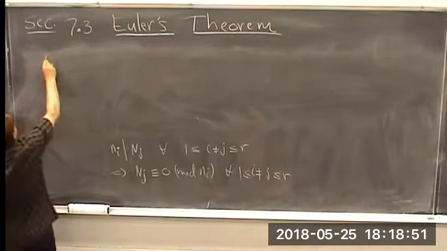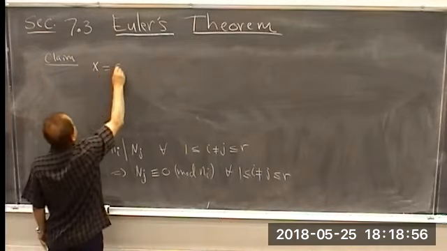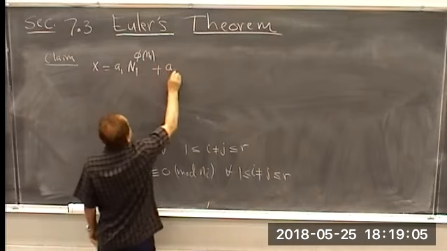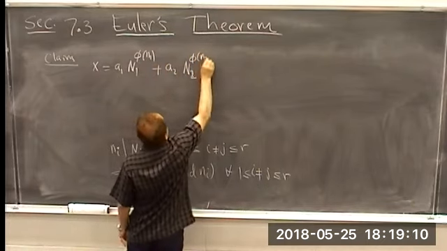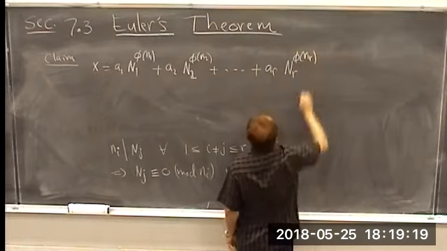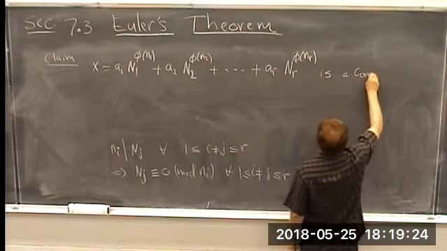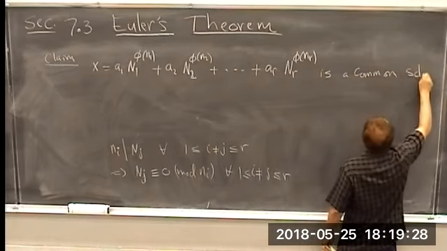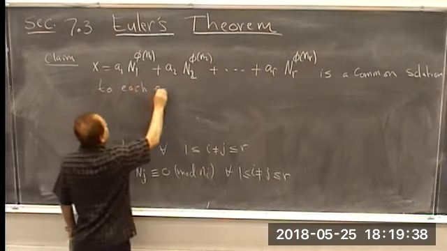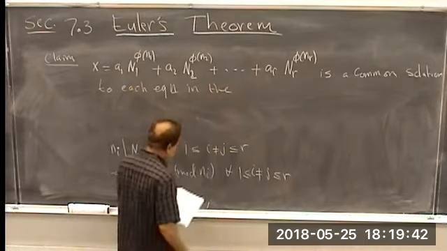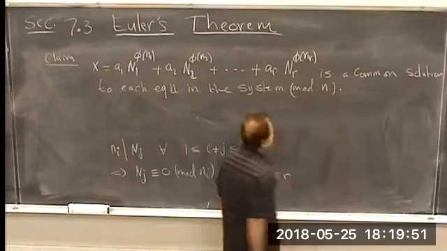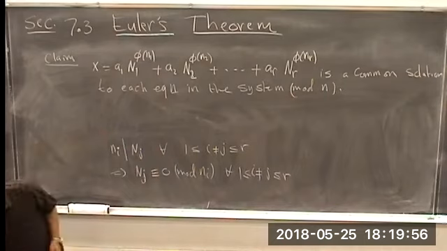So here is the claim: that x equal a1 n1 phi of n1 plus a2 n2 phi of n2 and so on, up to a sub r n sub r phi of n sub r, is a common solution to each equation in the system mod n, where n is the product.